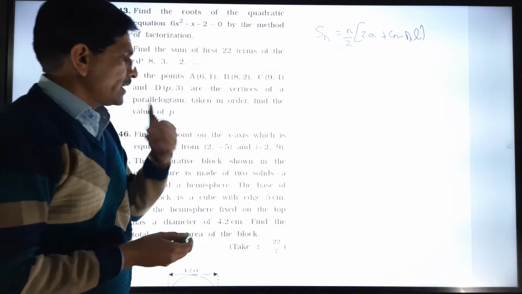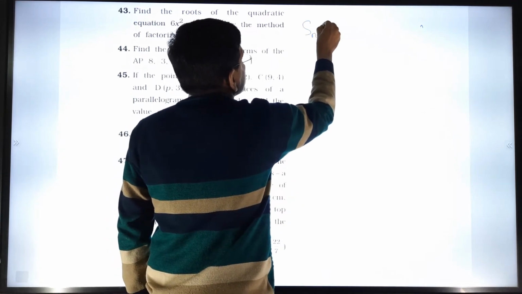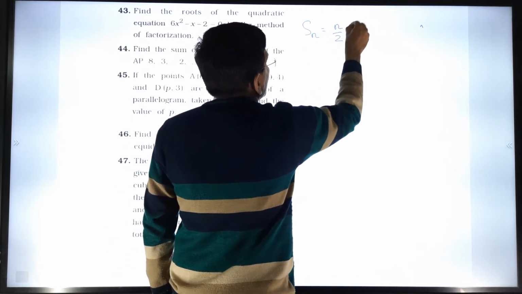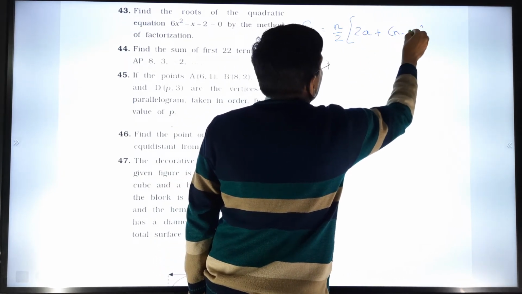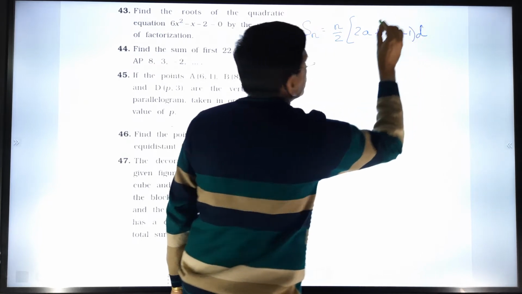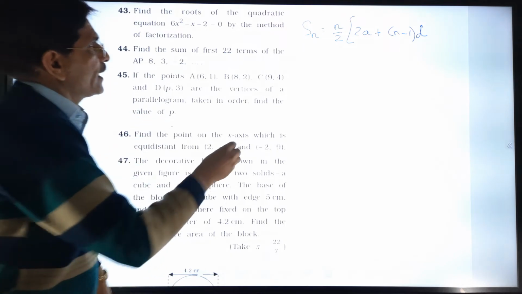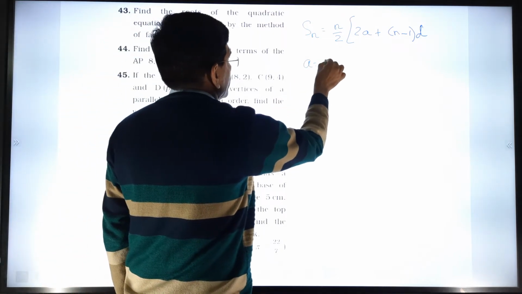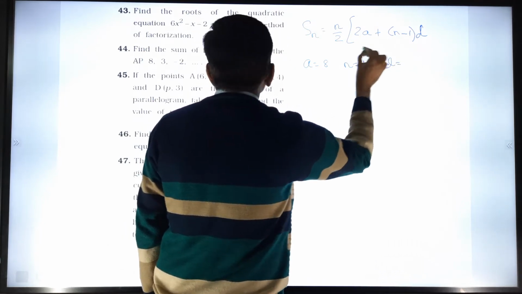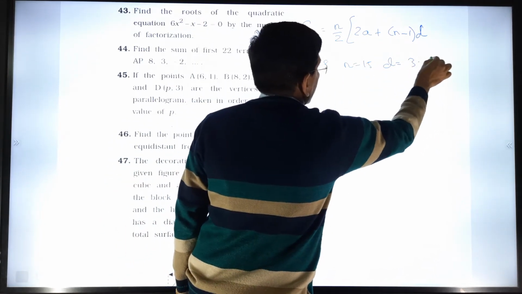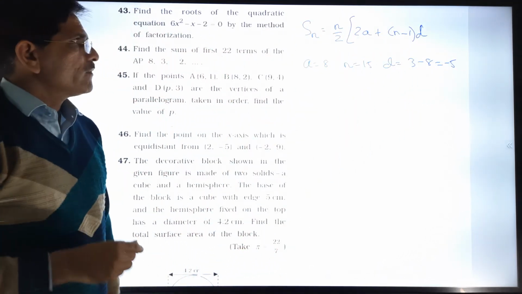So Sn is equal to n by 2, in bracket 2a plus n minus 1 into d. Now what is the first term? a is equal to 8, n is equal to 15, and d we have to find out, that is 3 minus 8, that is minus 5. Whatever is given, we have to write.